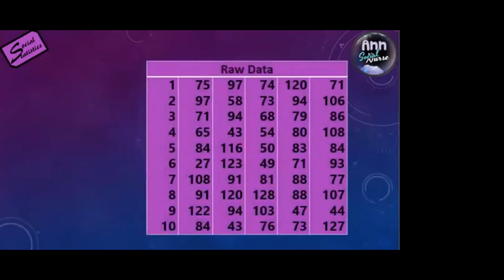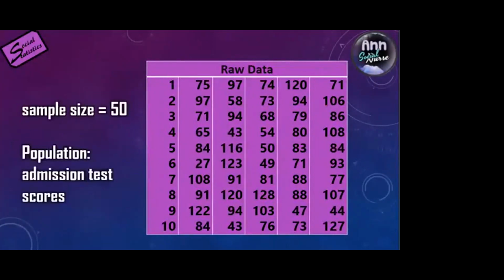Suppose this is the raw data, labeled rows 1 to 10, with these 50 pieces of data. The sample comes from a population of admission test scores. You see this raw data of 50 cases is not arranged.